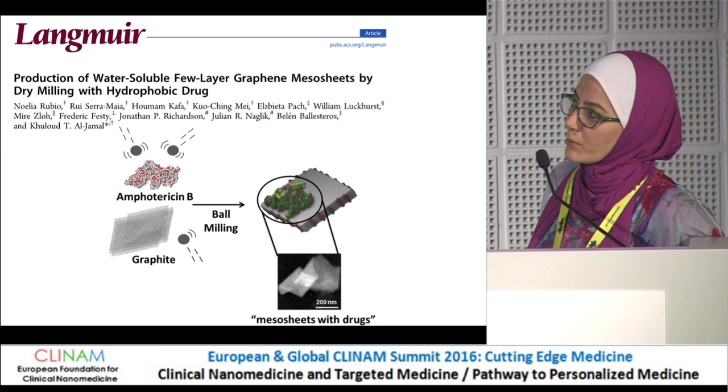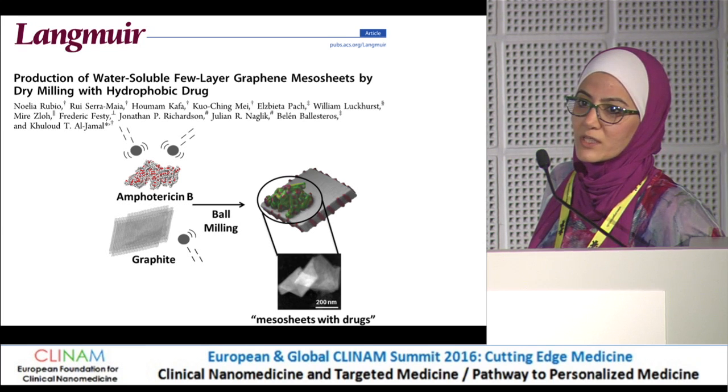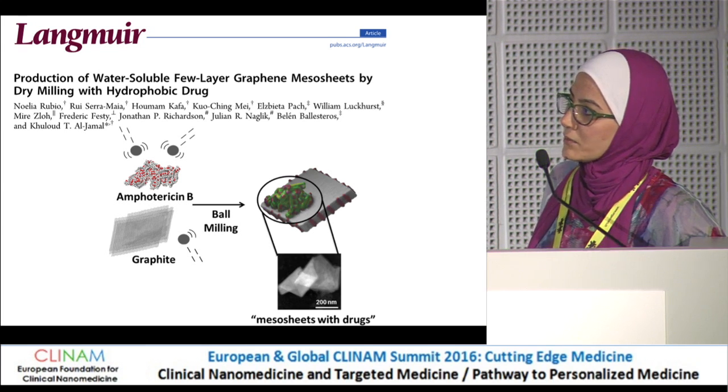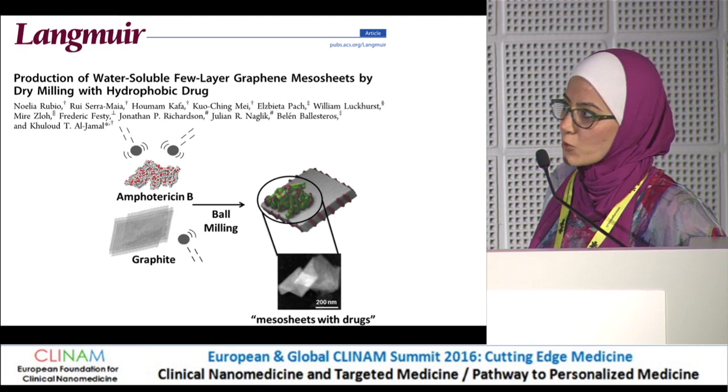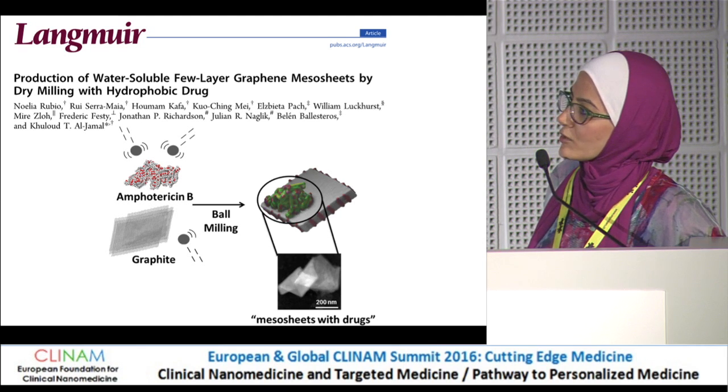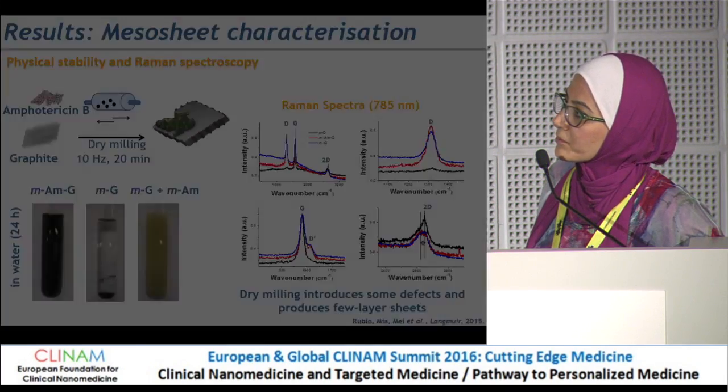So we used the simple method of combining the two components and using dry milling in a solvent-free manner. By doing so, we're hoping to exfoliate the graphite layers and make fewer-layer mesosheets that can be used for drug delivery.